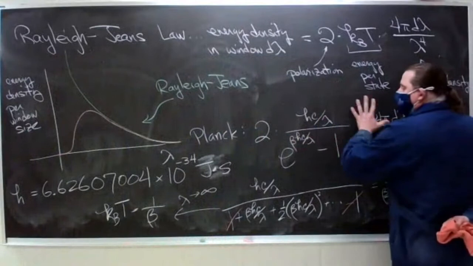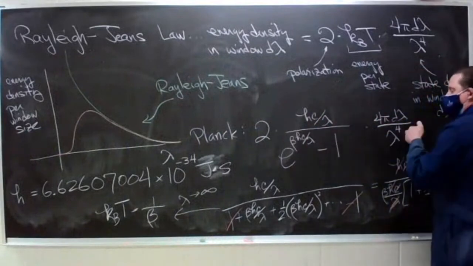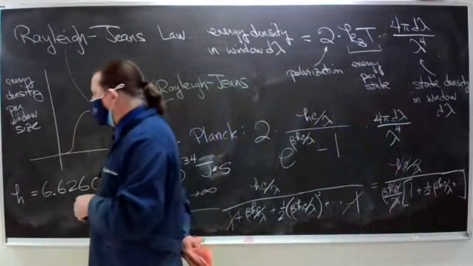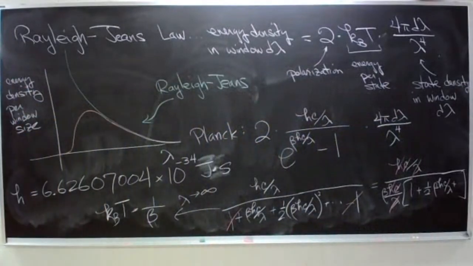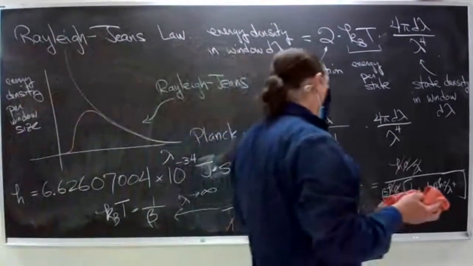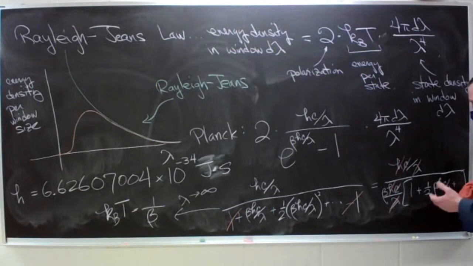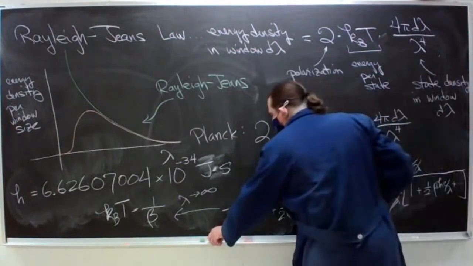Now, this form of the Planck distribution in terms of wavelengths is preferred by experimentalists. Theorists are more comfortable working with frequency, at least most of the time. All right? So how are we going to turn this into frequency?